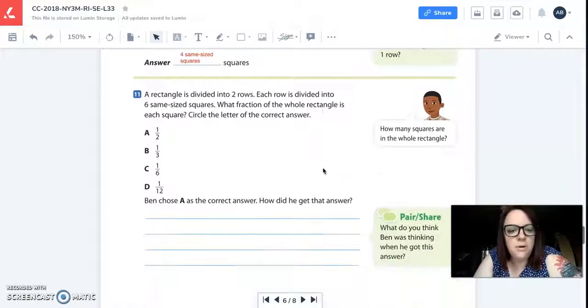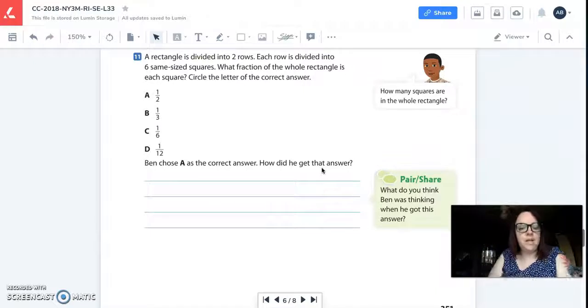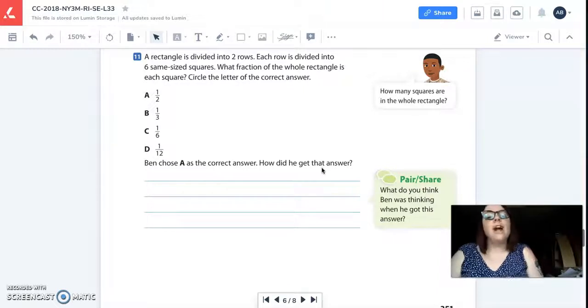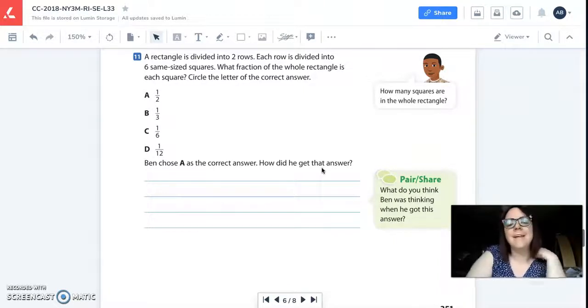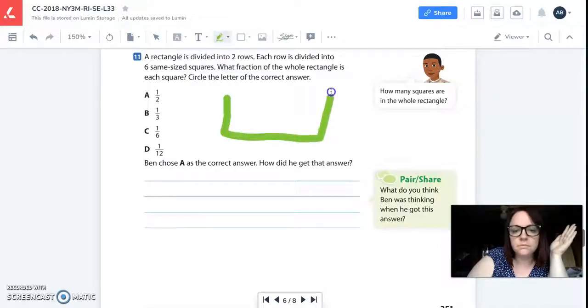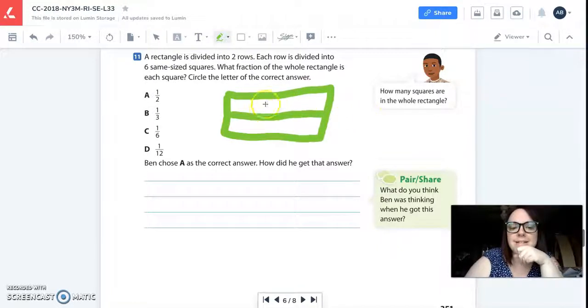Okay, number 11. A rectangle is divided into 2 rows. Each row is divided into 6 same size squares. What fraction of the whole rectangle is each square? Circle the letter of the correct answer. Okay, so a rectangle is divided into 2 rows. Wow, that was really bad, but you get my point. 2 rows. Each row is divided into 6.